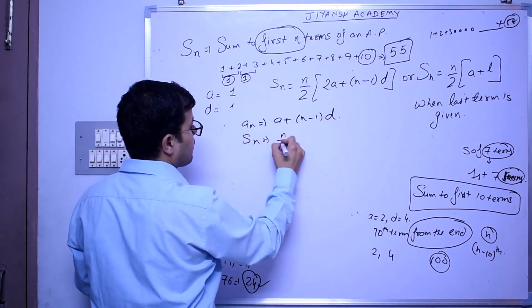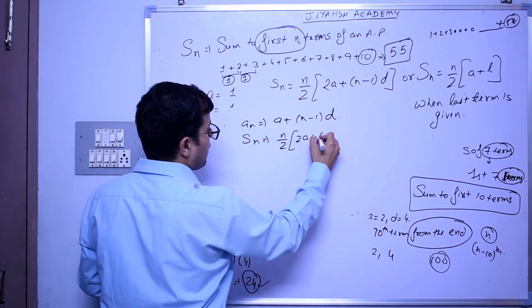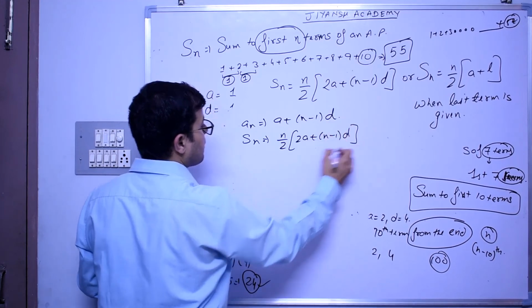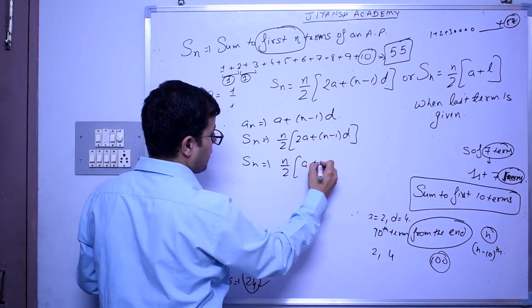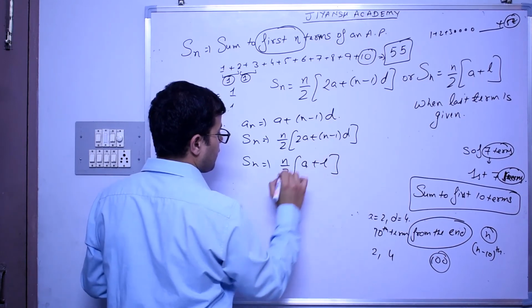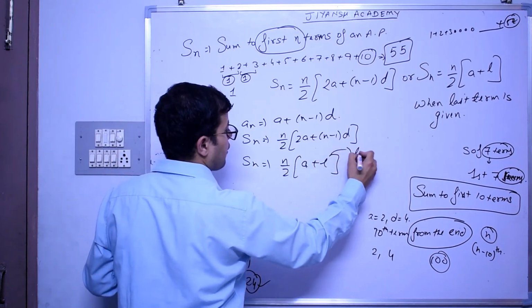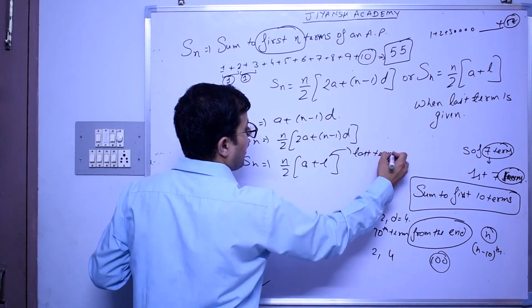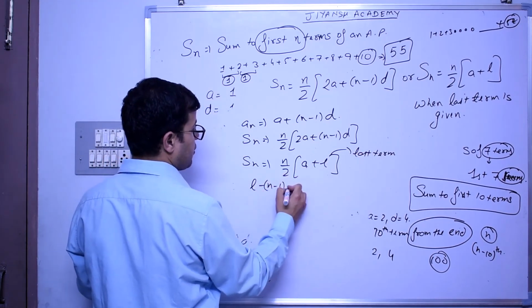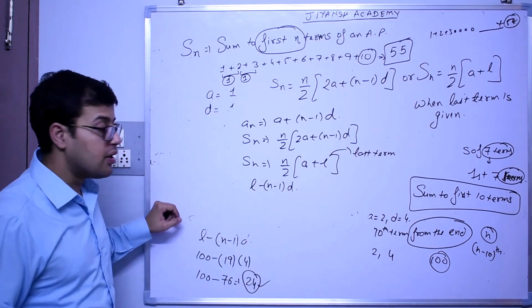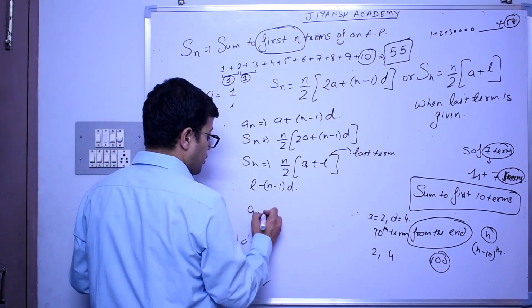Sn is n by 2 into 2a plus n minus 1 into d. Sn is also n by 2 into a plus l, if l is known to you, where l is the last term and it should be given, and then l is a plus n minus 1 into d, right?